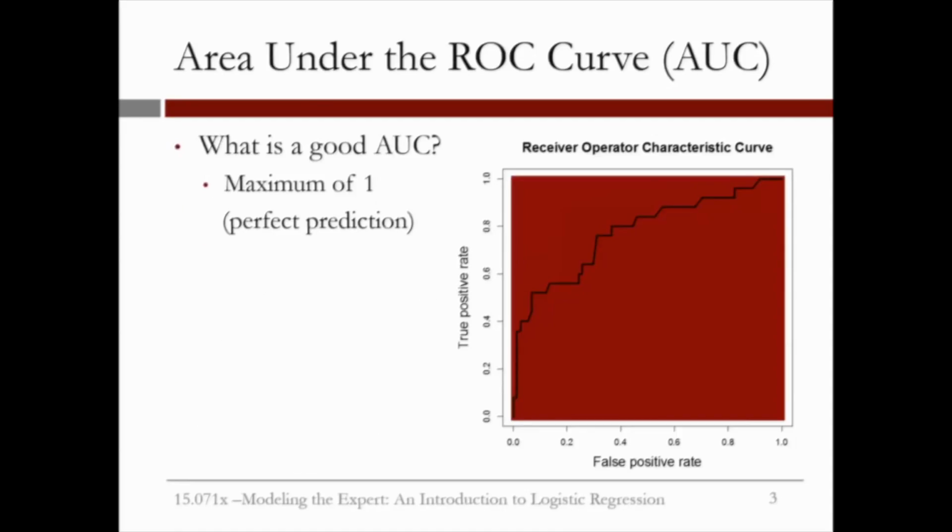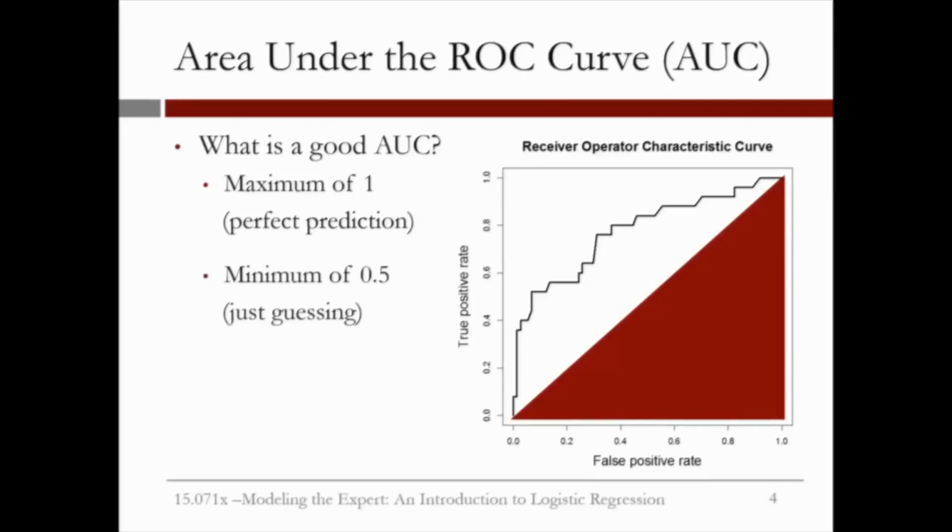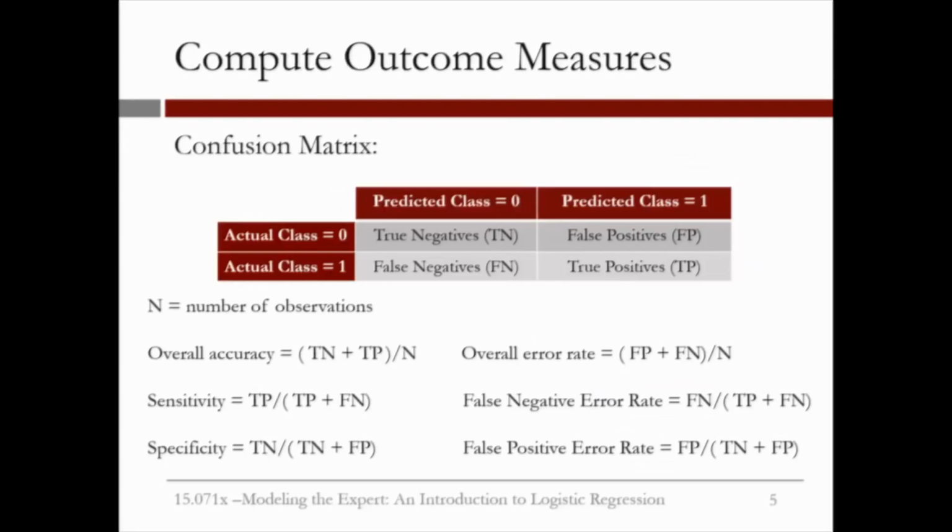So what is a good AUC? The area on the right shows the maximum possible of a perfect prediction, whereas the area on this curve is 0.5, and it's pure guessing.